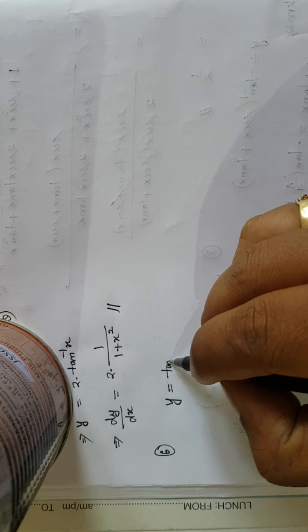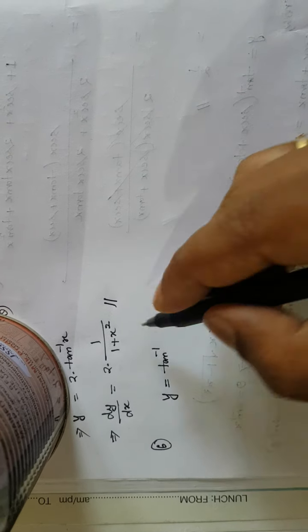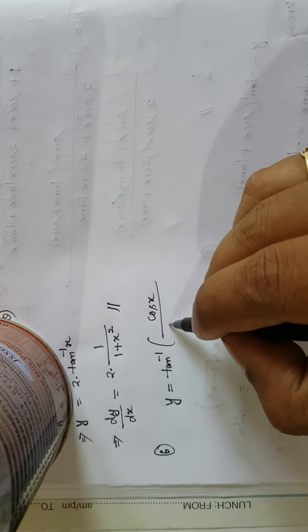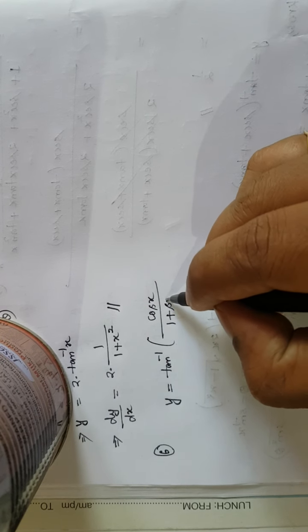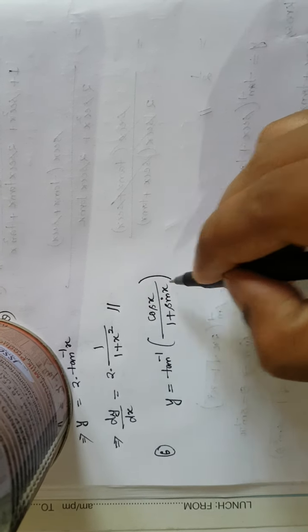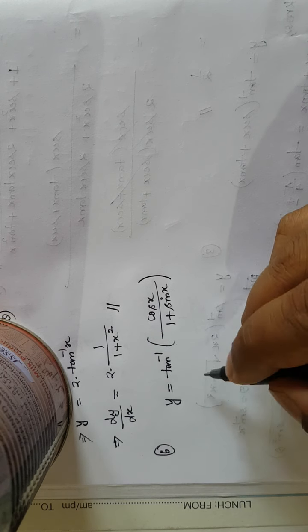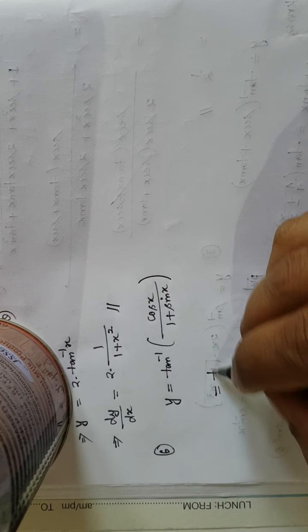Tan inverse of cos x divided by 1 plus sin x. This is a good question. You can apply two methods again. You can apply the basic method, or you can apply the concept of trigonometry.